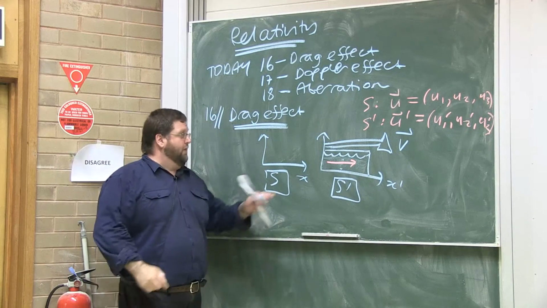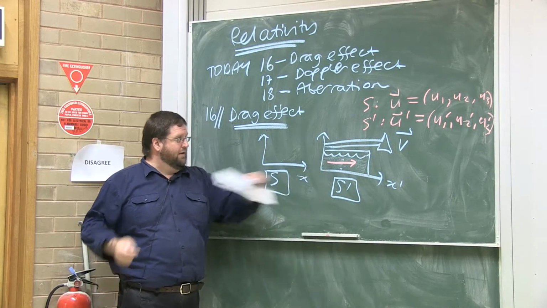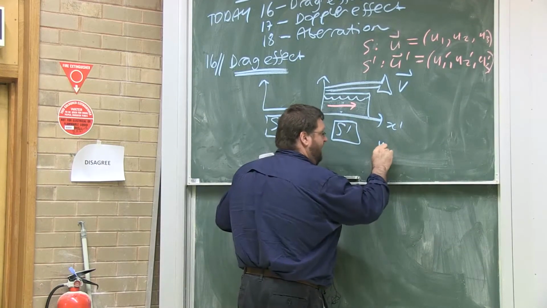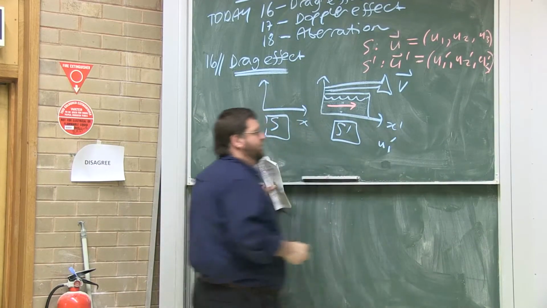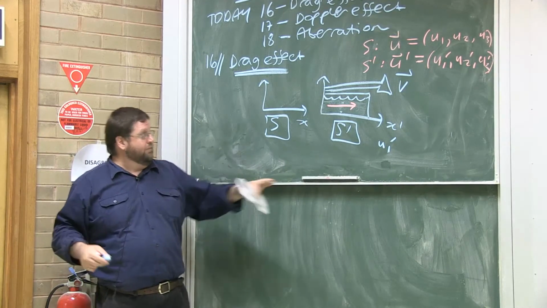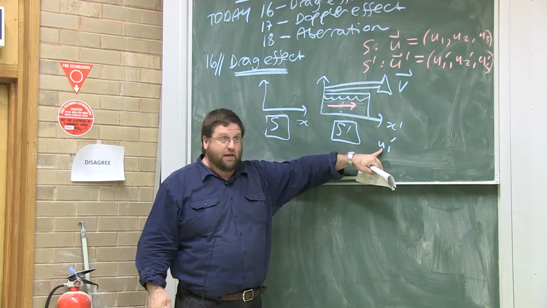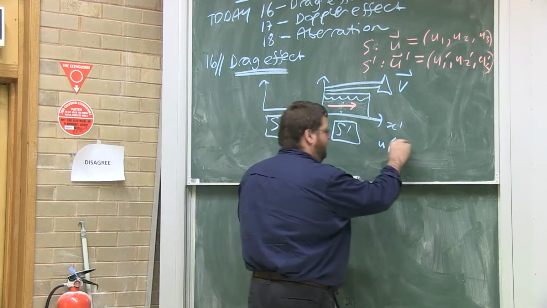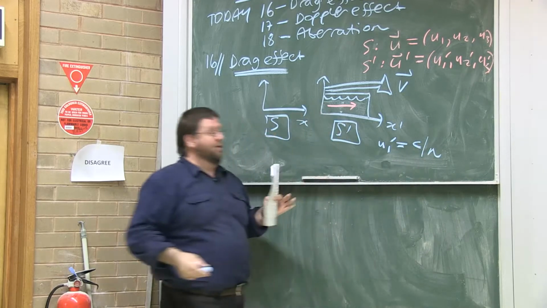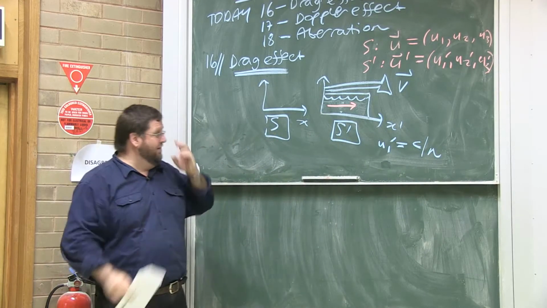Now the question is the speed of light in S prime, and since we're travelling in the x prime direction, the speed of light in S prime is going to have only a non-vanishing x prime component, and that will not be the speed of light in vacuum, but rather the speed of light within the material of refractive index n.